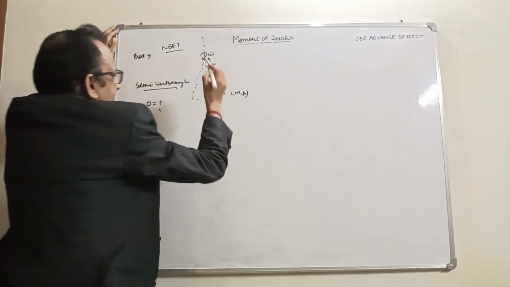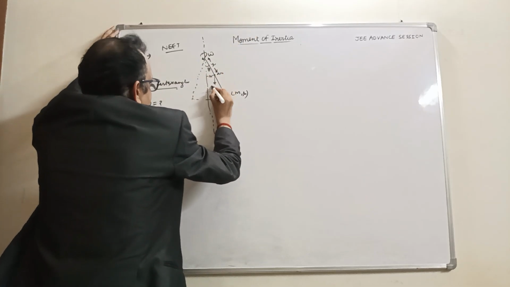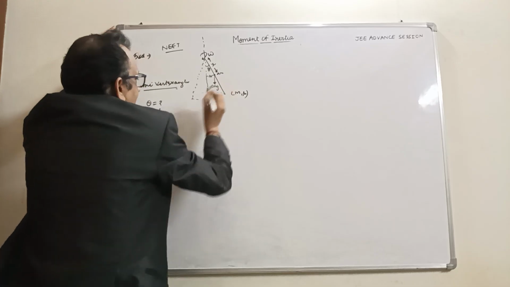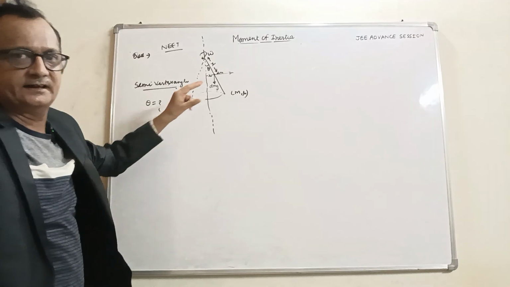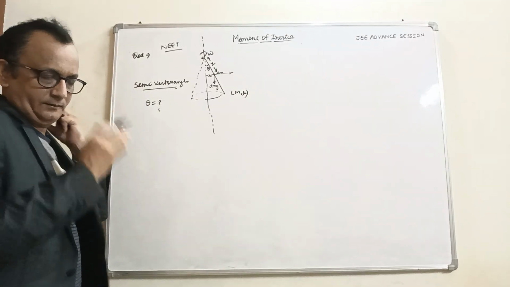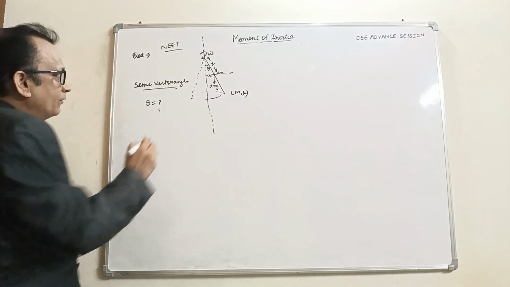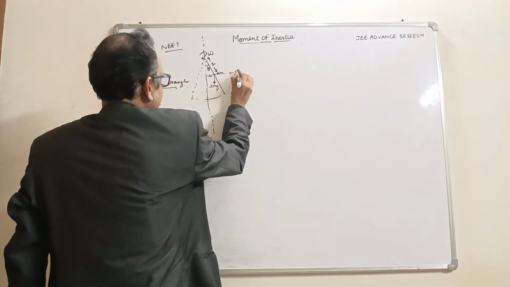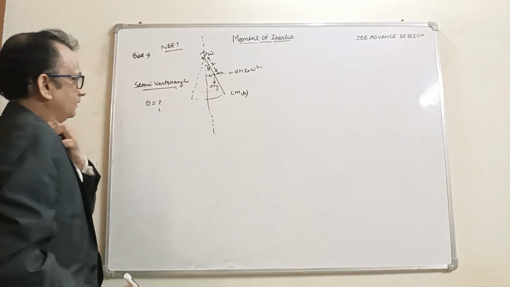One force acting is the gravitational force, which would be dm into g, and another is the centrifugal force. While the object is moving in a circular path, a centrifugal force acts on it. So this force would be dm x naught omega square.